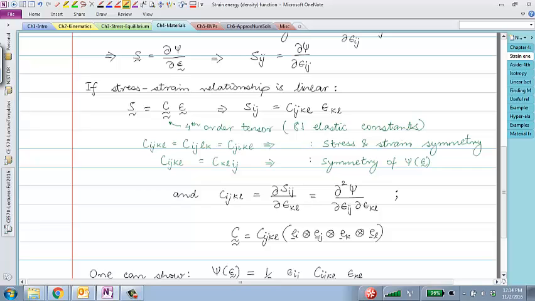Go ahead, Vikita. Question? When we say that a second order tensor acts on a vector to give a vector, that indirectly means that a vector is a single order tensor.